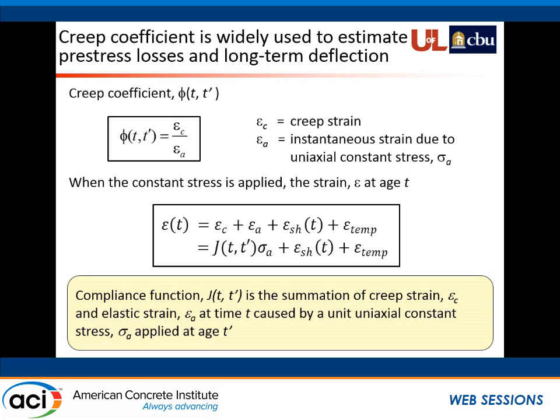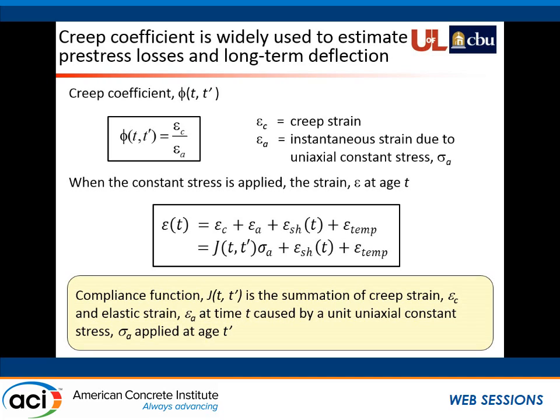But looking at these two terms, when you add them together, I will introduce the compliance function, which is the summation of the creep strain and elastic strain as a function of time when we apply a constant stress at time t prime. So the elastic strain and the creep strain can be summed together, and we can see how those things impact our creep prediction model.